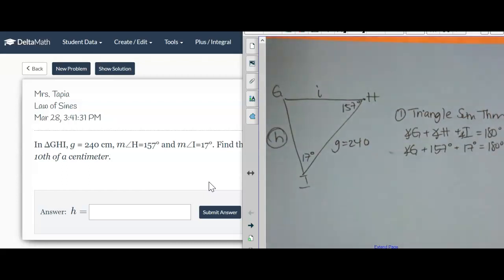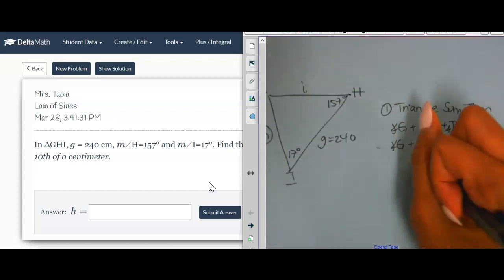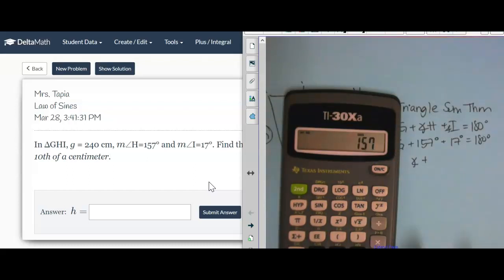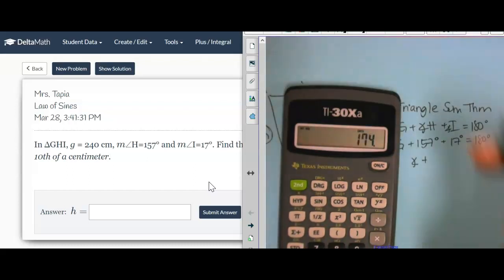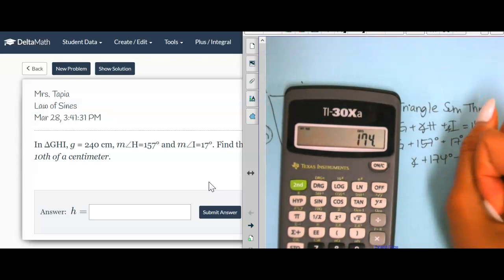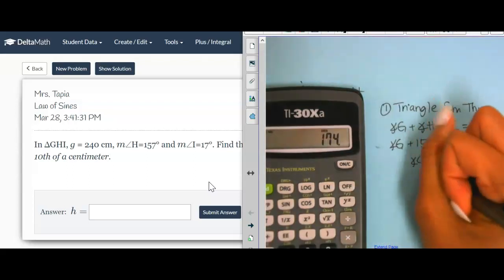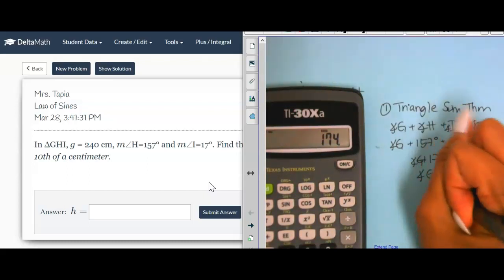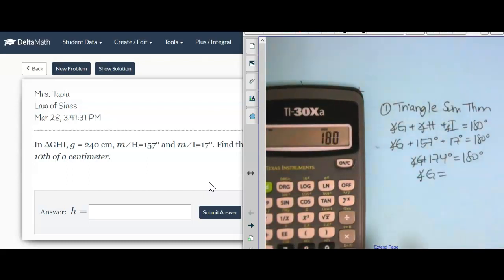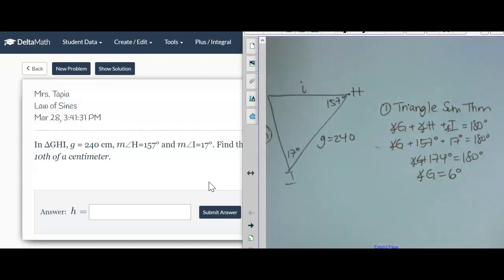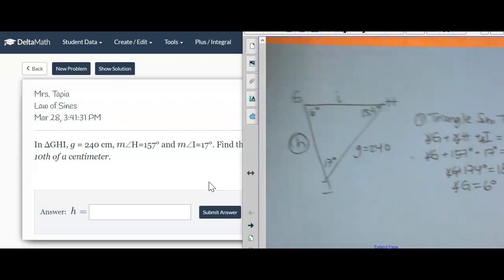You can just use your brain. 157 plus 17 is going to give you 174, and that plus angle G makes 180. I'm going to solve for angle G by subtracting. 180 minus 174 is going to give you 6. So this angle up here is 6 degrees.